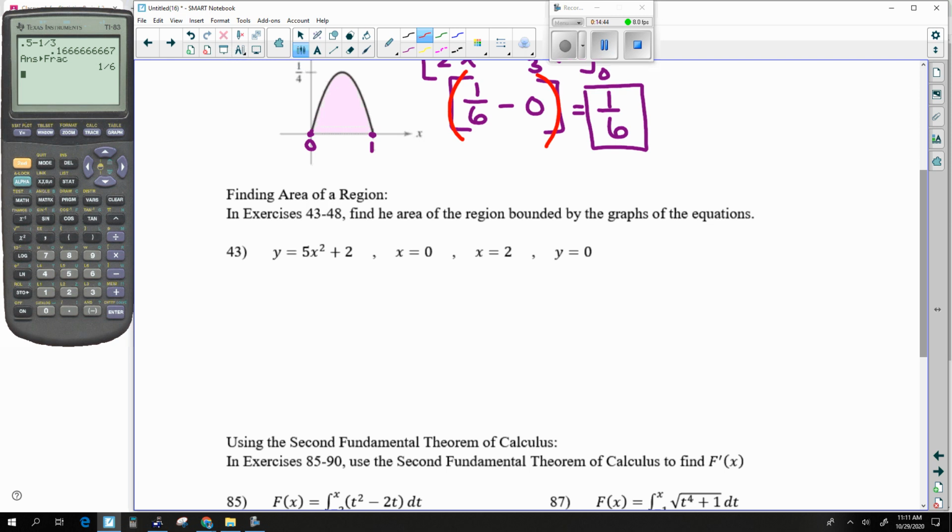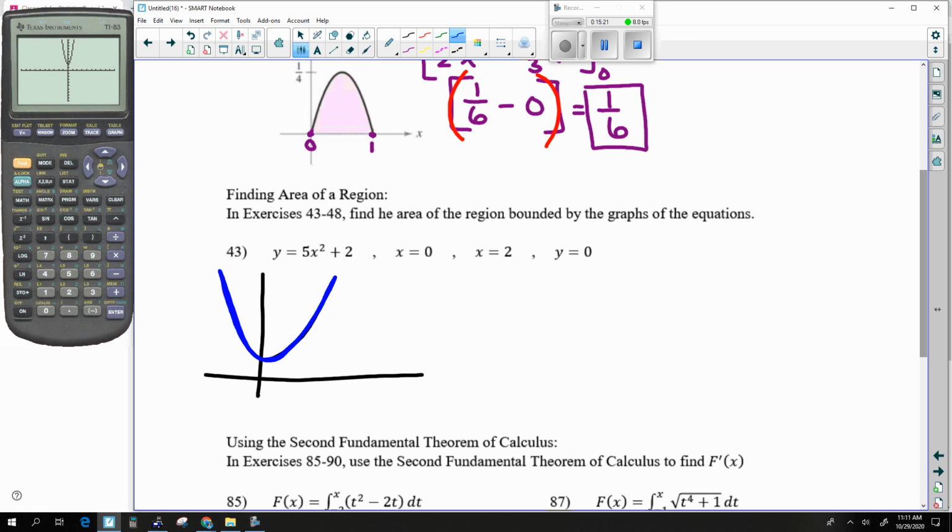Okay, find the area of this bounded region. So I'm going to kind of cheat a little bit and use my calculator to see what that graph is. Okay, so it's a curve up, something like this, with 2 as being the minimum. We have a line, so this is one of our graphs, and the rest are pretty much going to be boundaries.